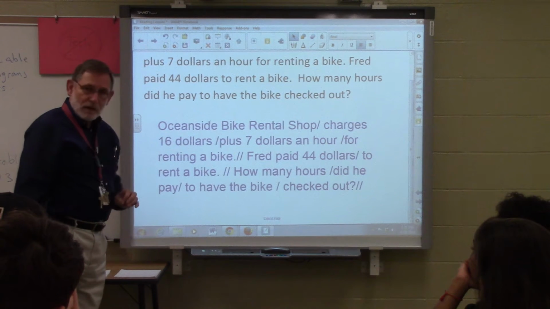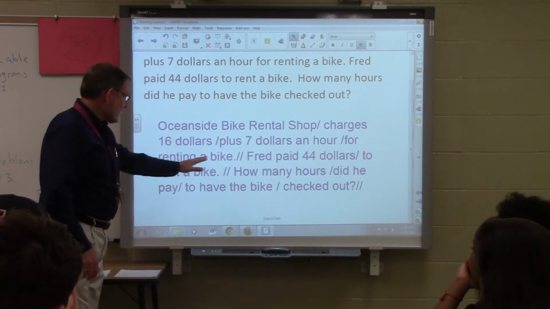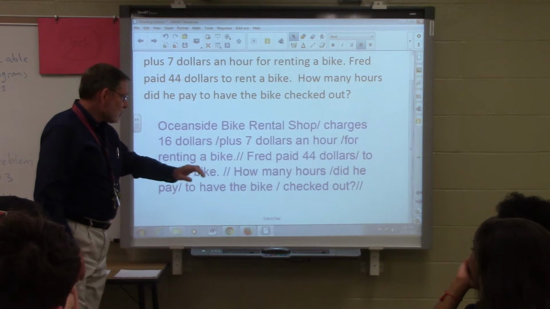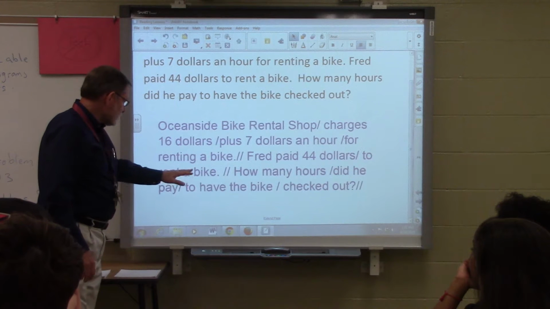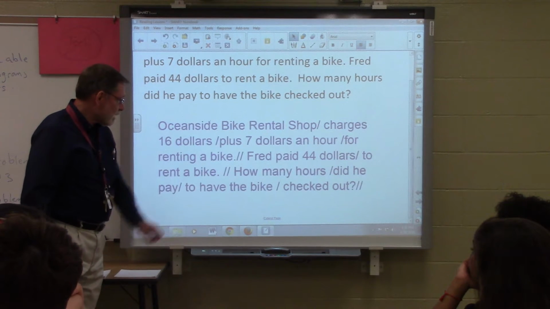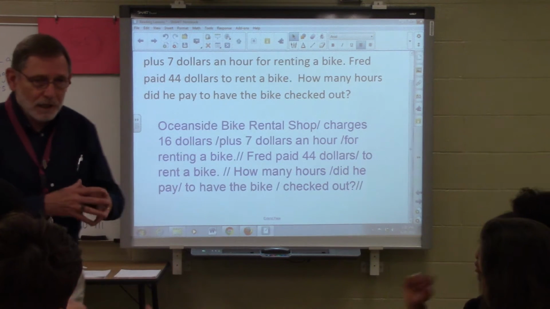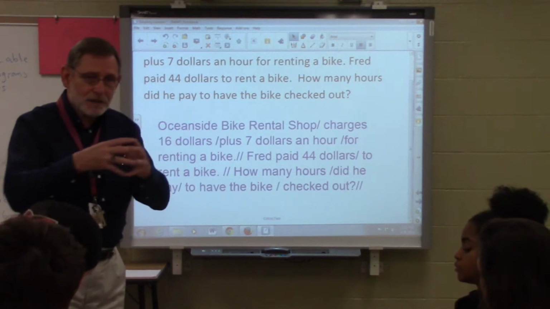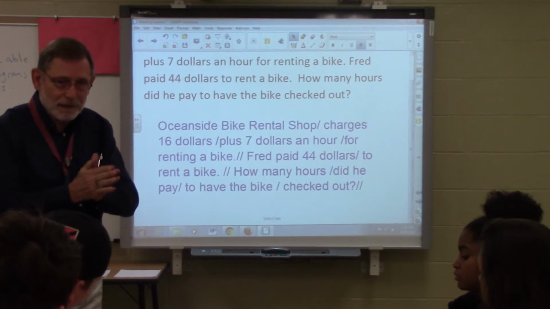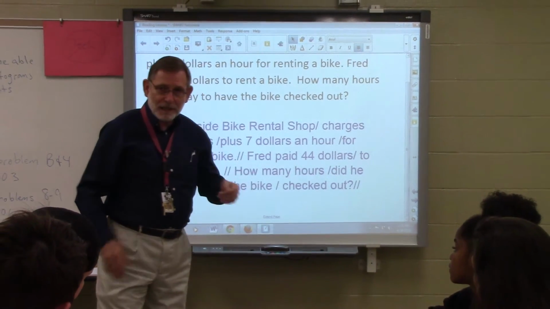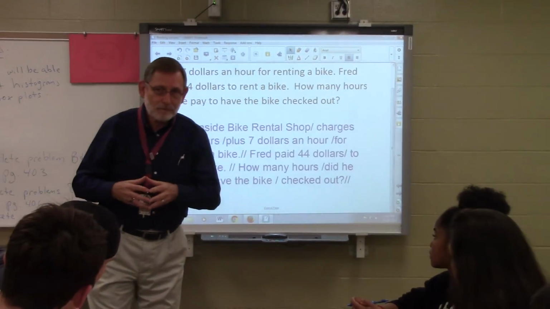Fred paid $44 to rent a bike. How many hours did he pay for, basically that's what it says, to have the bike checked out? Okay? So what you've done here is you've broken down each of these sentences into bite-sized pieces, each of which has a specific meaning, and it's part of the problem.